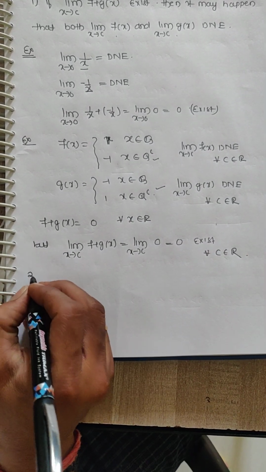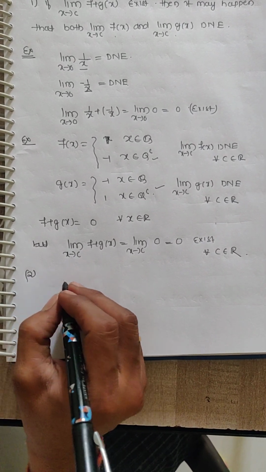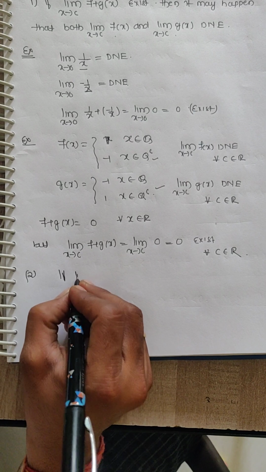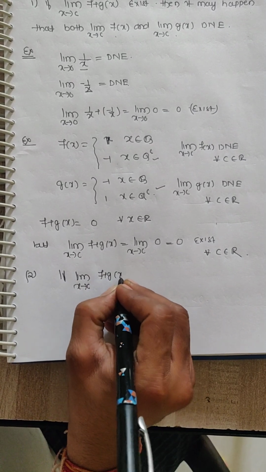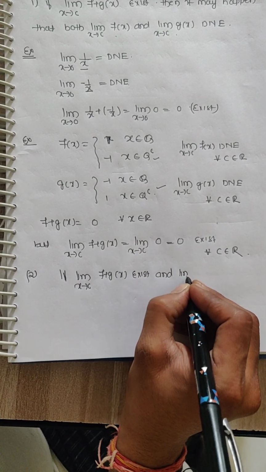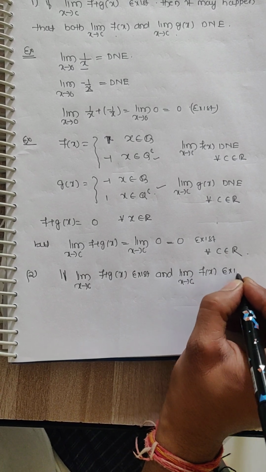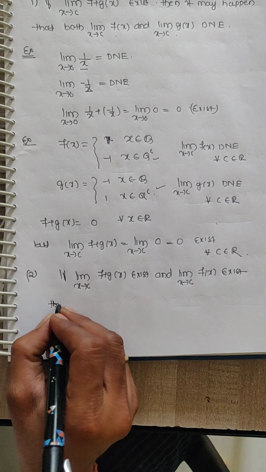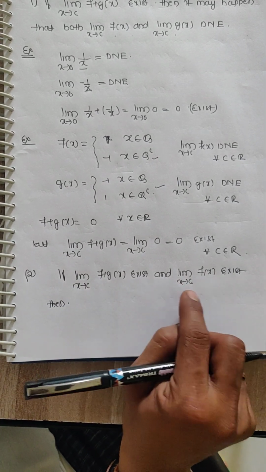And another point we will have: if the limit as x tends to c of (f plus g)(x) exists and the limit as x tends to c of f(x) also exists, in that case, the limit of the sum exists and one of the functions, f(x), has a limit as x tends to c.